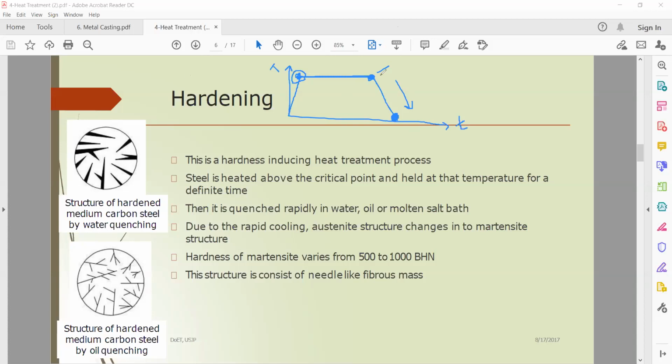So what will happen? During the hardening process, austenite structure is converted to the martensite structure. What is that? Right? This is the structure change: austenite converted into the martensite.